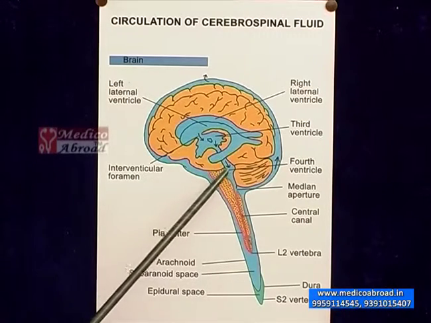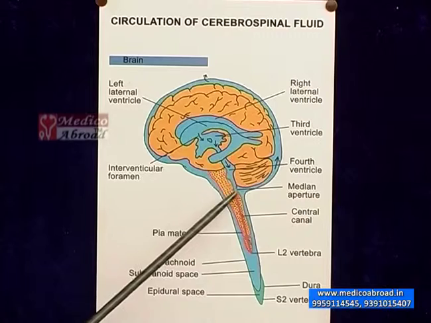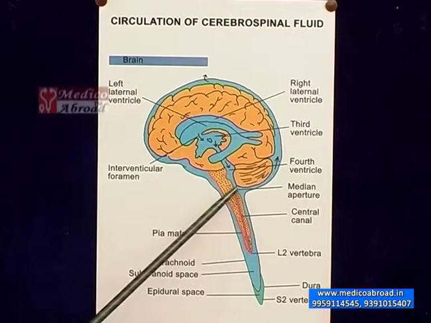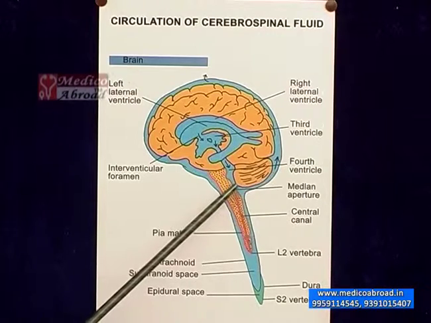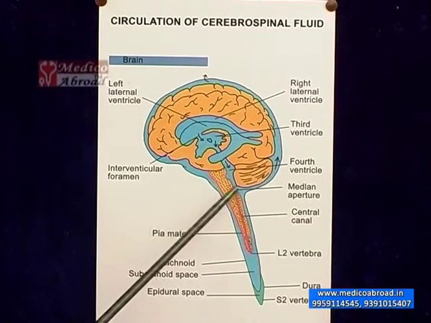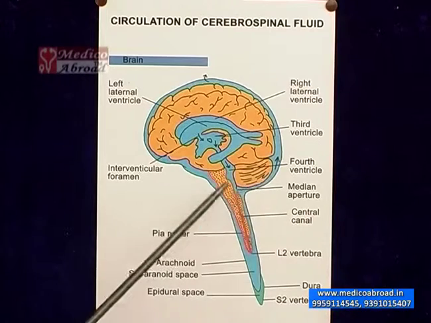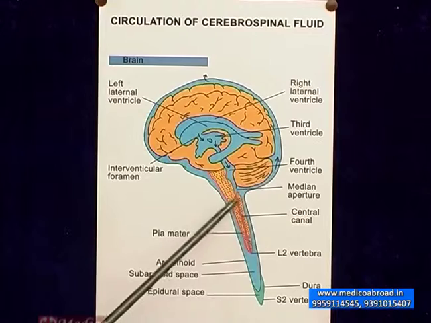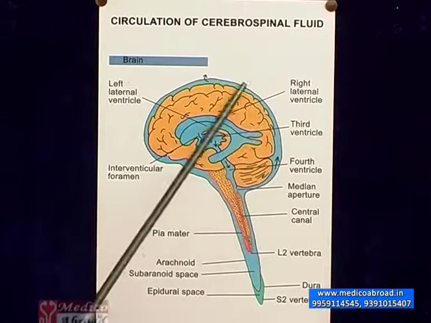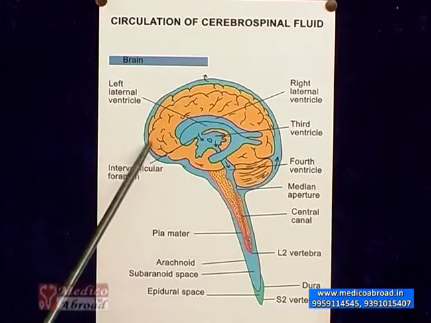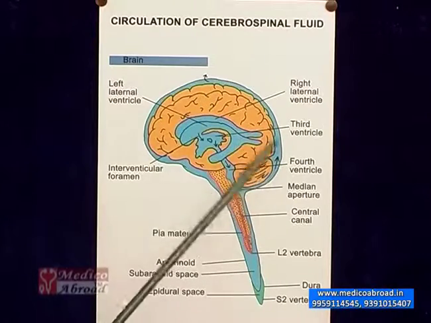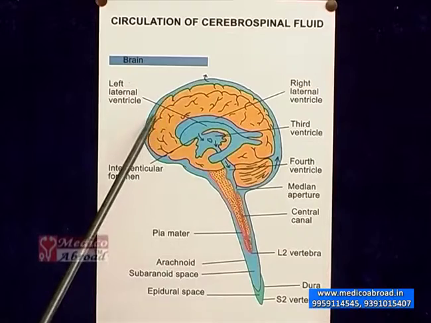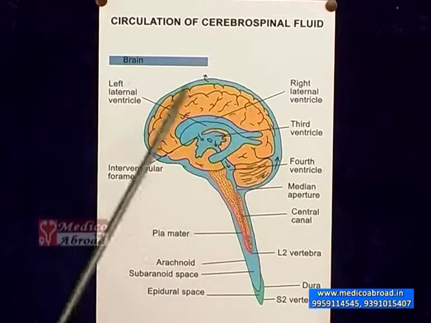From the fourth ventricle, the CSF goes into the subarachnoid space by the median aperture of Magendie and two lateral apertures of Luschka in the roof of the fourth ventricle. Through the median aperture, fluid enters the central canal of the spinal cord and also goes upwards and bathes the outside or convex surface of the brain. The cerebral surfaces of the brain are bathed by the CSF.